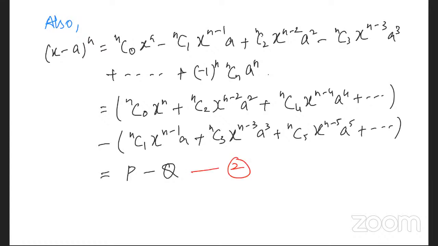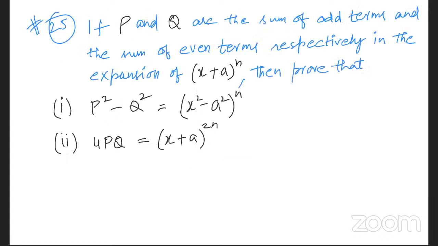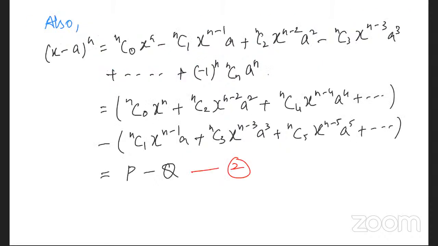So based on these two equations, we shall prove the first and second bit. We shall consider the first bit. We got two equations. What do we need to prove?